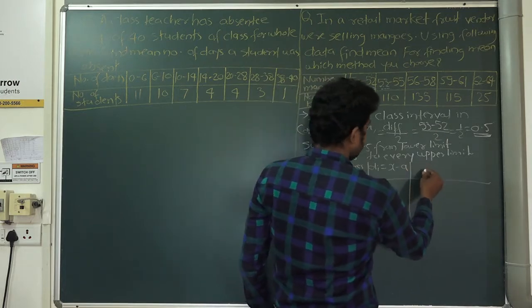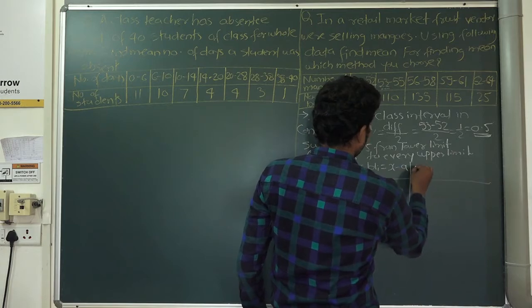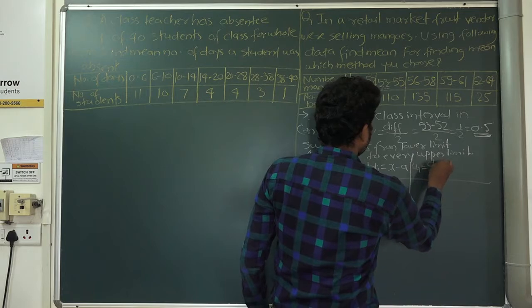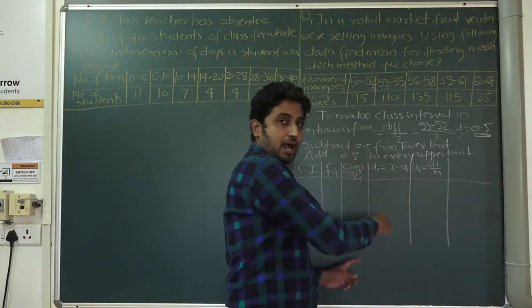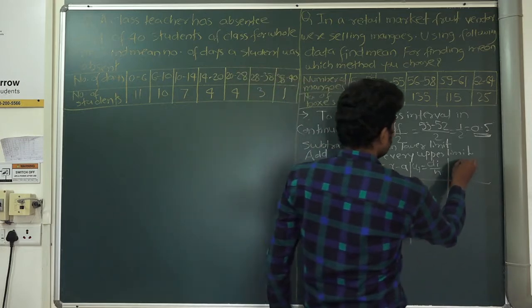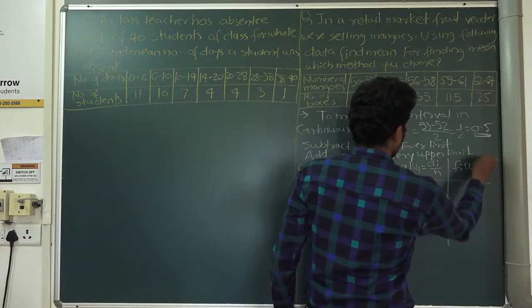Then we use ui as di upon h, where h is known as the height of the class interval, and then we will use fi into ui.